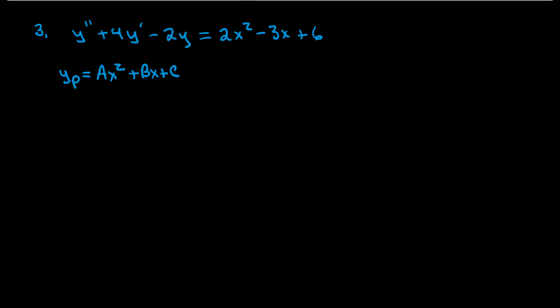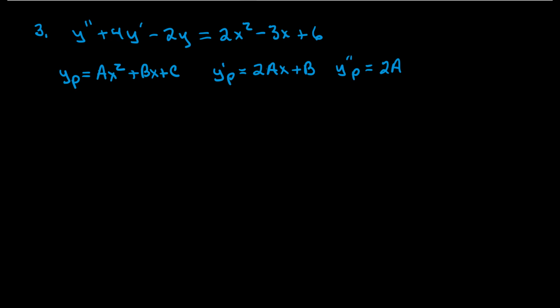Hopefully you actually paused the video and you computed that the derivative is going to be 2ax plus b. And the second derivative of our particular solution is going to be 2a. We're going to take these values, substitute them into our original equation.